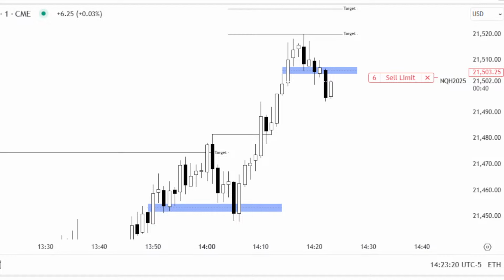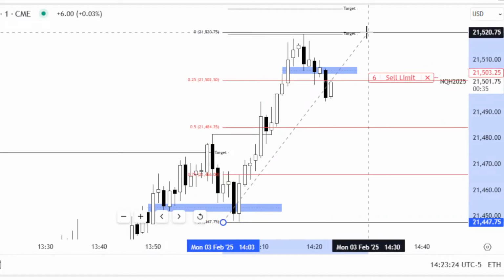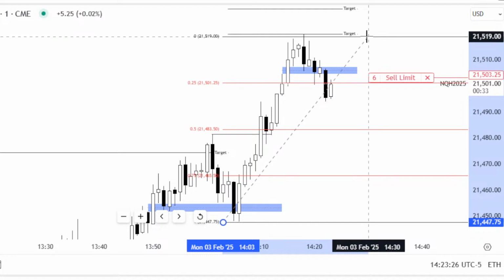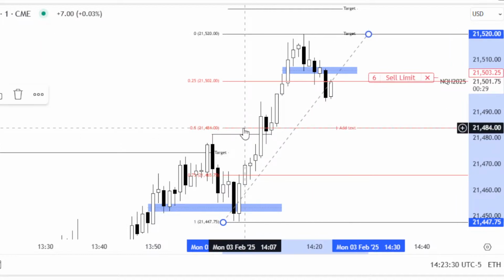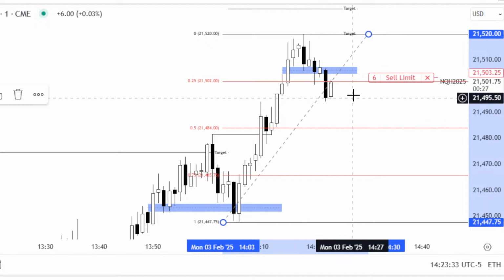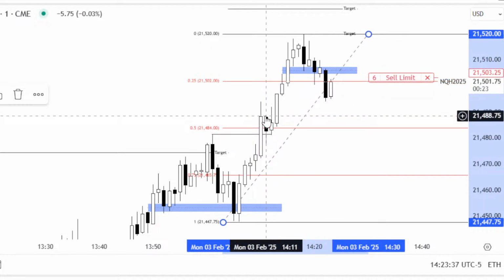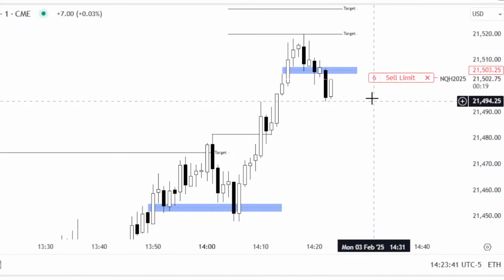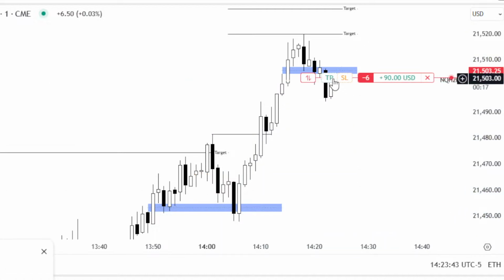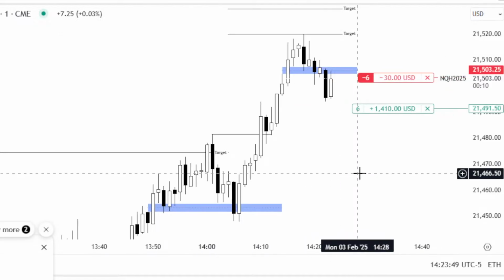Because now what we're looking at is this. And special 50% if we want to go lower at this black candle. So I'll leave it there.